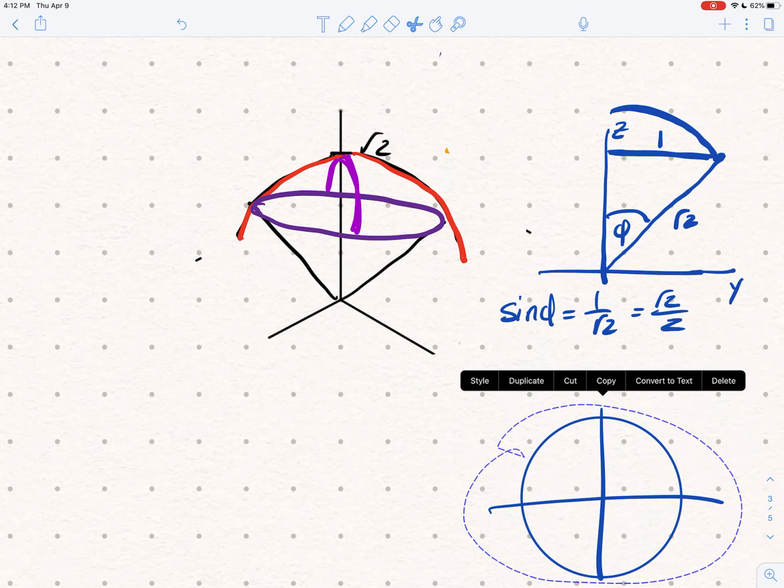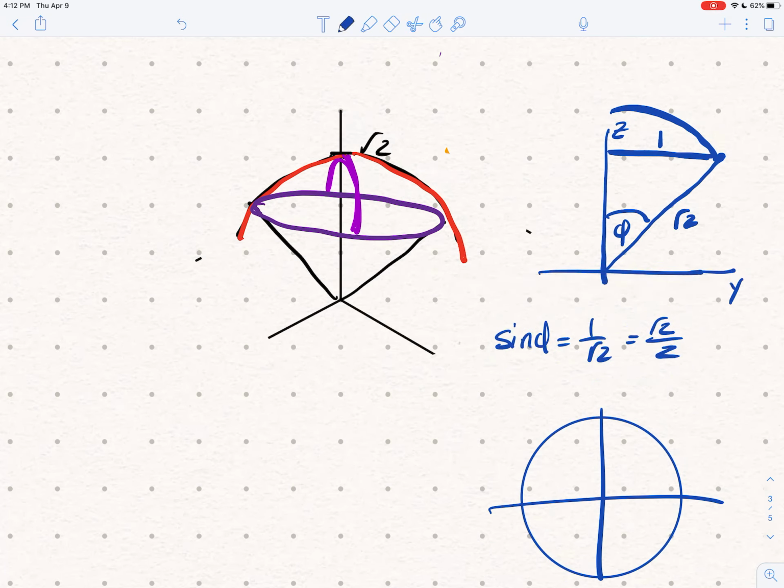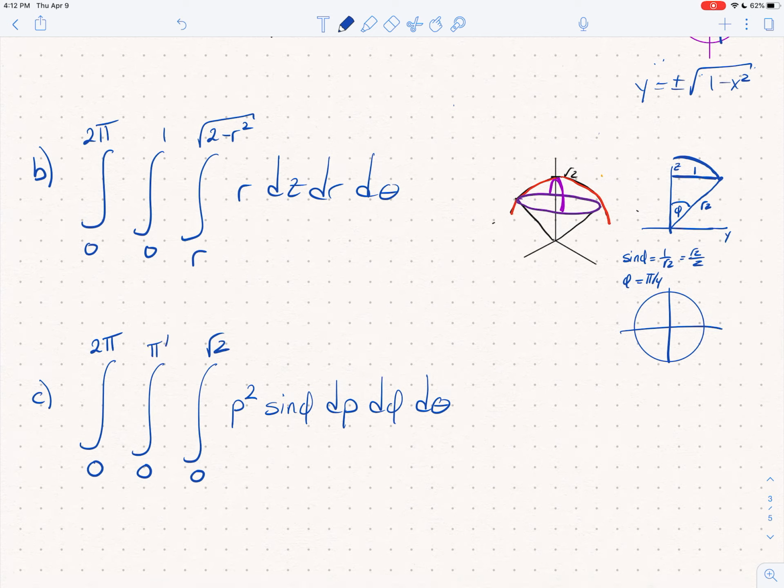Let's give ourselves some more space. I'm feeling claustrophobic. And now I know what phi is. Phi has to be pi fourths, which probably you could have guessed, but we don't like to guess. In fact, we very much don't like to guess in a mathematics class. We want to be able to see why things are what they are.